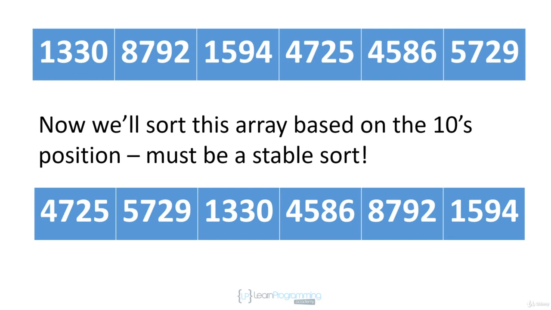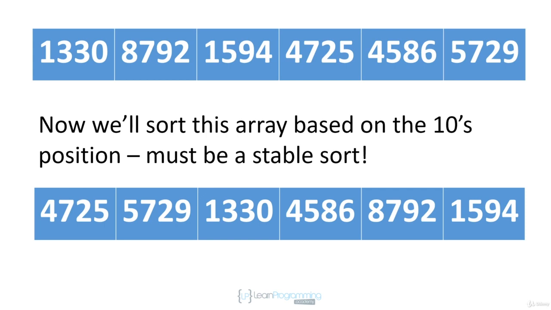For 1594, it will be 9. For 4725, it will be 2, etc. And down at the bottom, we've now sorted based on that digit. So we have 4725 because it has a 2, 5729, which also has a 2, 1330 because it has a 3, 4586 because it has an 8, and then 8792 and 1594 both have 9s.